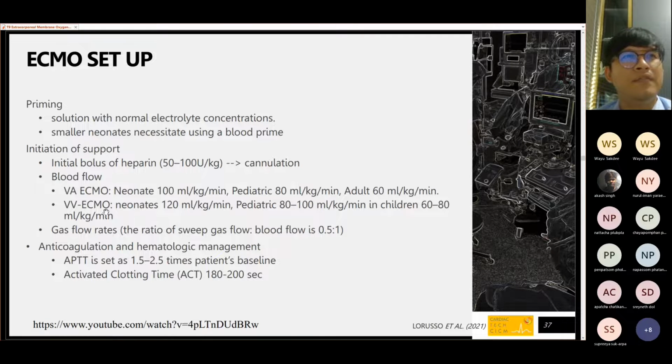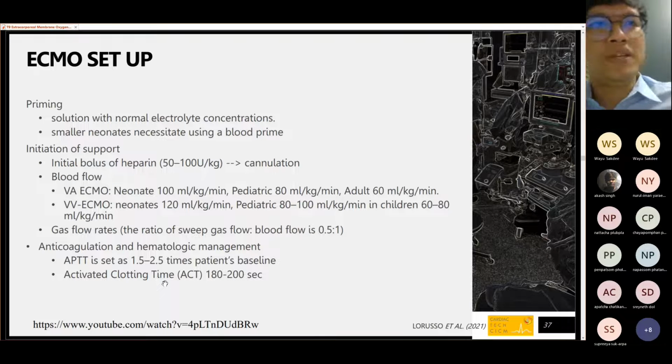So for VV ECMO, it would be 120. Pediatric would be 80 to 100, and the next is adult. In adult, it would be 60 to 80. And the gas flow is going to start from half to 1 liter per minute.